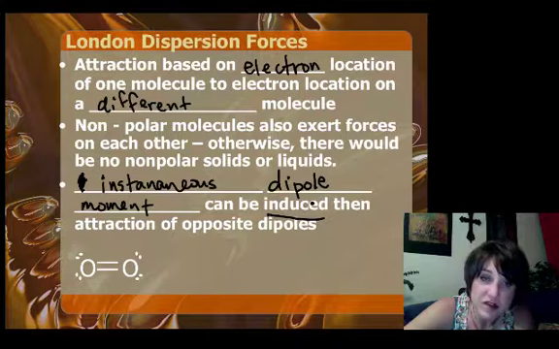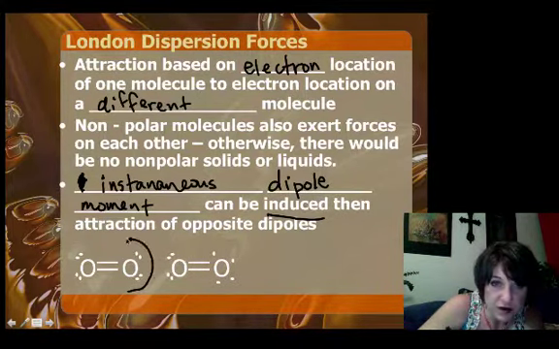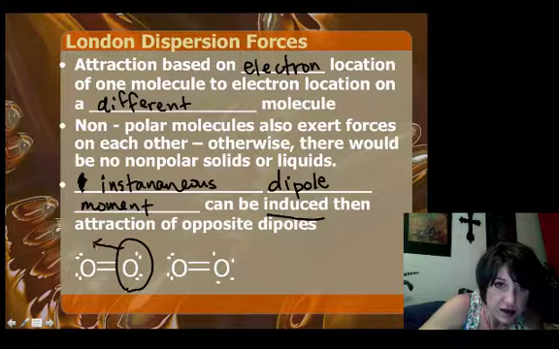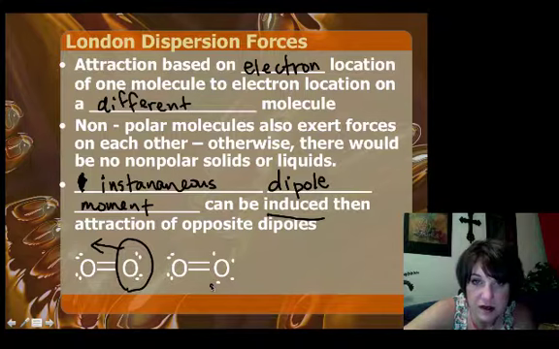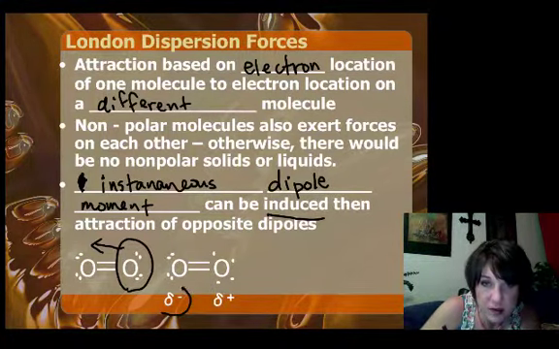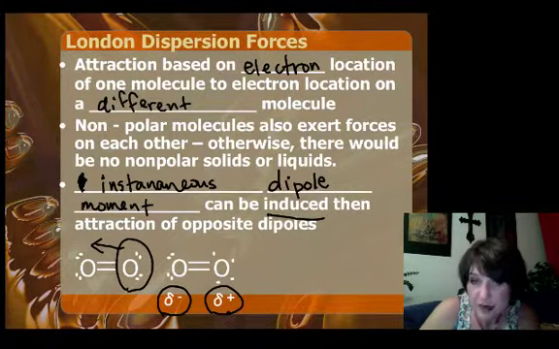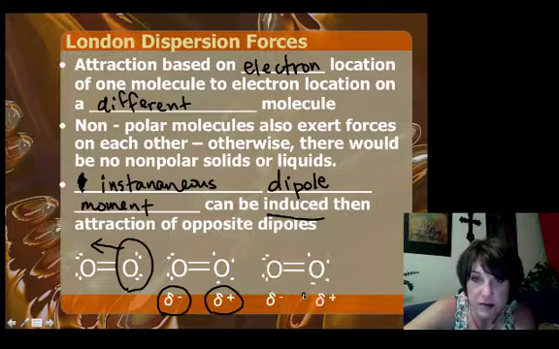And now suppose that for just an instant in time, the electrons that are over here shift slightly in this direction. So now they're spread out just a little bit extra. And so we have a momentary dipole set up where there's more negative concentrated on this end of the molecule than there is on this end of the molecule. So it's a partial positive on one side and a partial negative on the other.